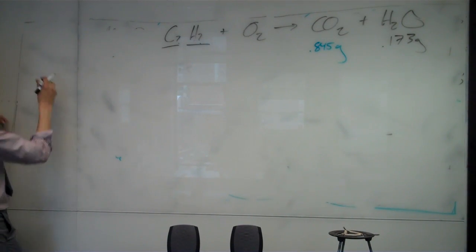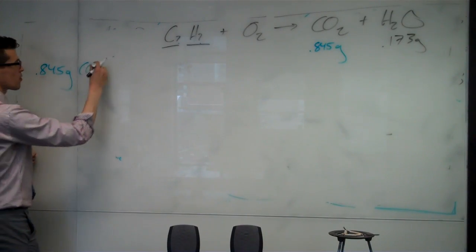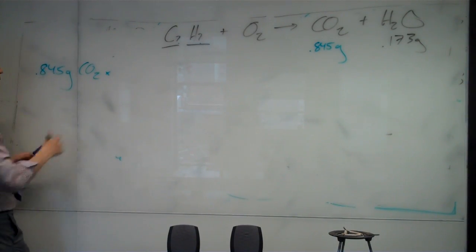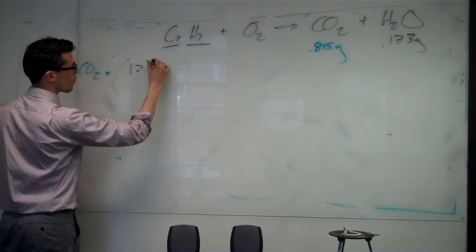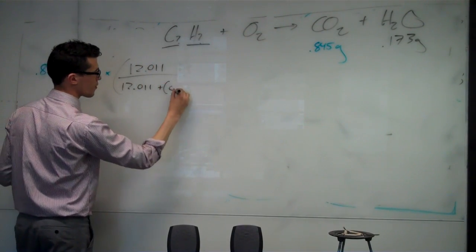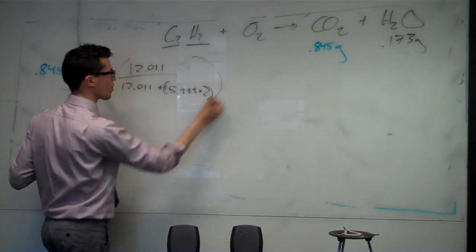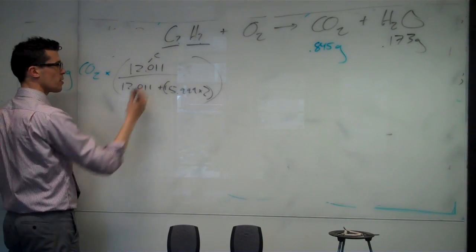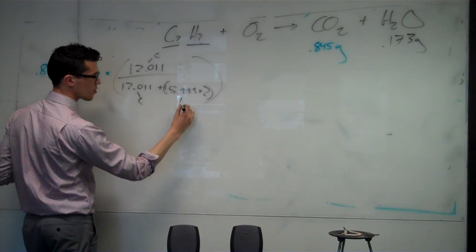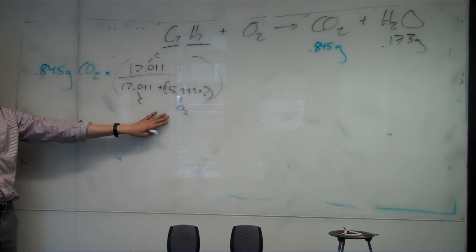The way you do that is, first, let's do the C part. You take 0.845 grams of CO2, and you multiply by this ratio: 12.011 over 12.011 plus 15.999 times 2. This is carbon, and this is O2, so it's the C over the CO2.